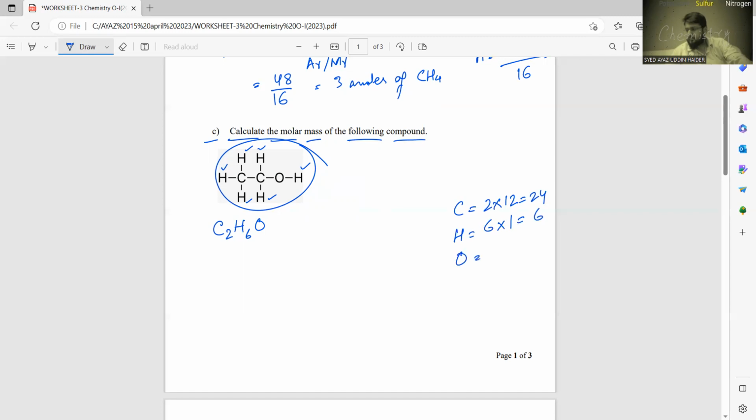What about oxygen? We have only 1 atom of oxygen. AR of oxygen is 16, so we will multiply 1 by 16, we will get 16. So 24 plus 6 plus 16, 46. So the answer will be 46.